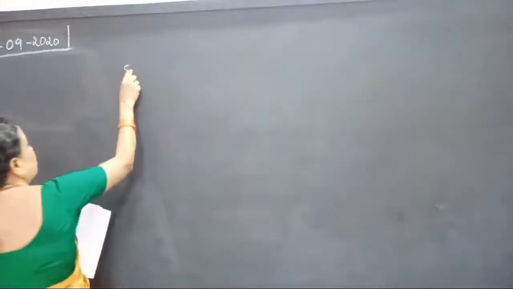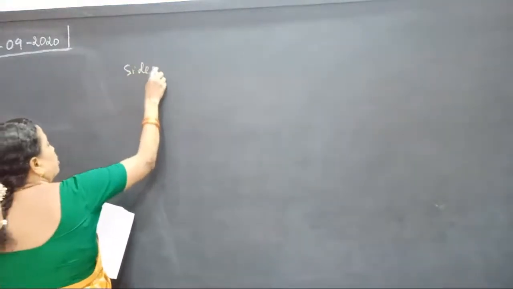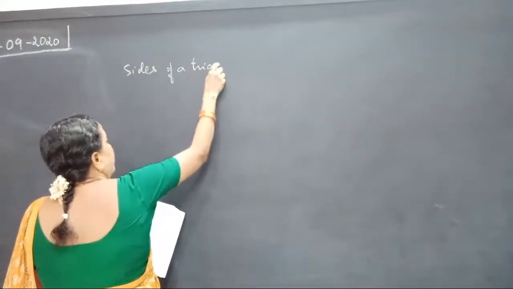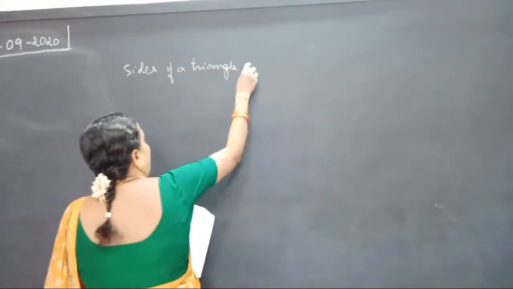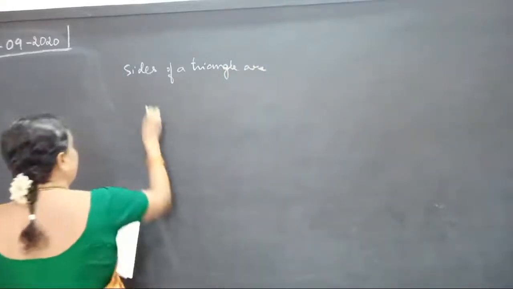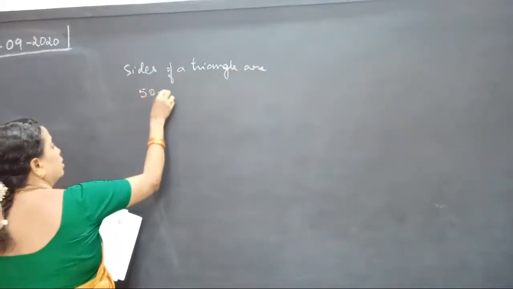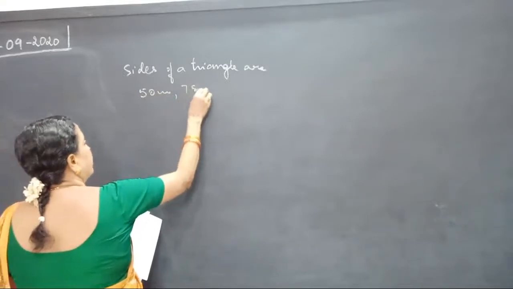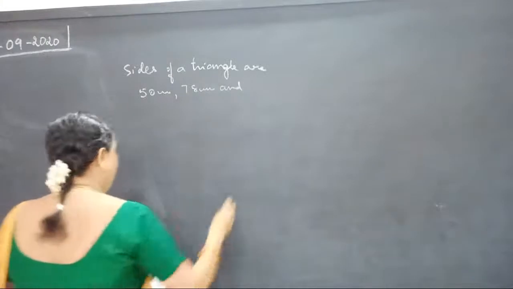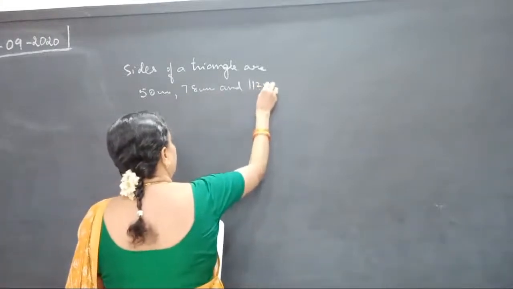The sides of a triangle are 50 centimeter, 78 centimeter and 112 centimeter.